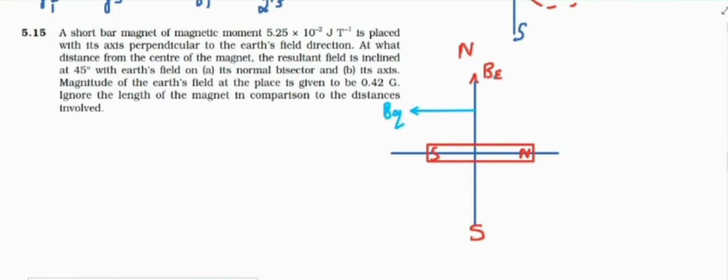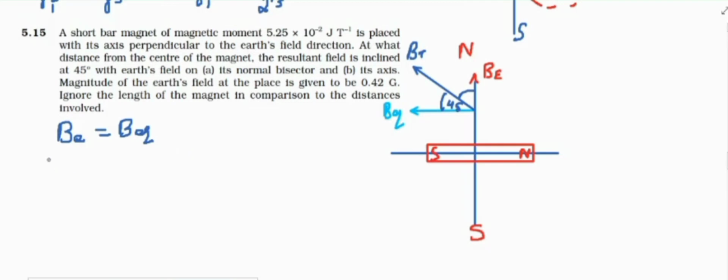Now, the resultant of BE and B equatorial makes an angle of 45 degrees. That is what is given in the question. The total magnetic field B total makes an angle of 45 degrees. When the resultant of two vectors is at 45 degrees, the two vectors must be equal, which means BE is equal to B equatorial.